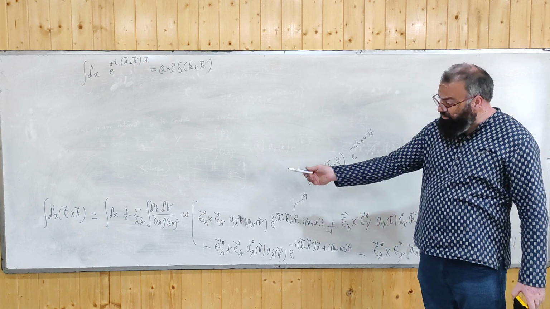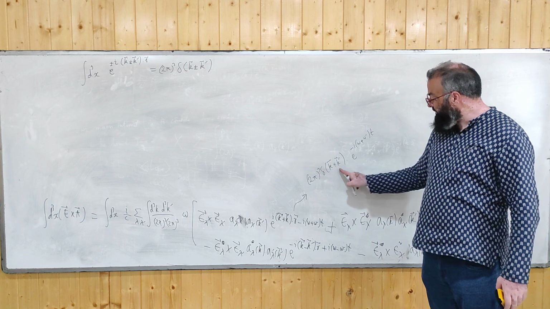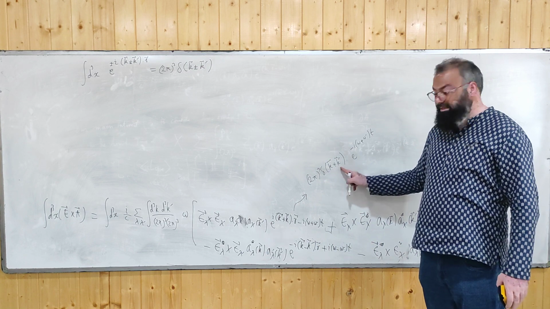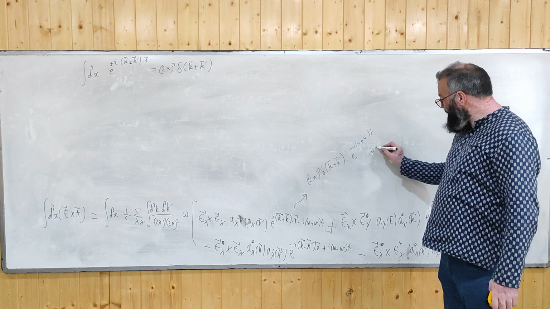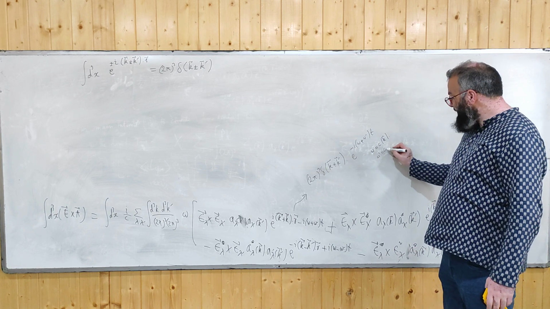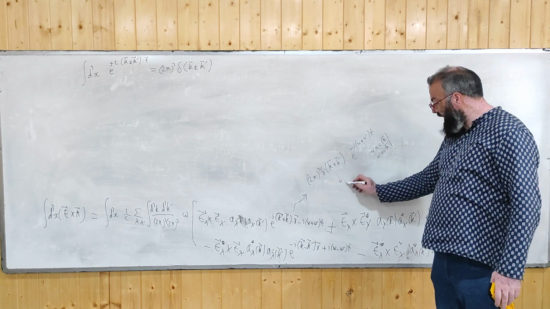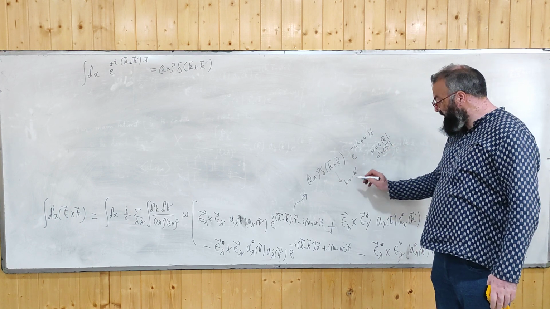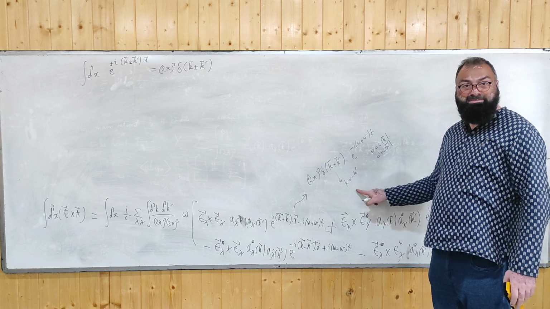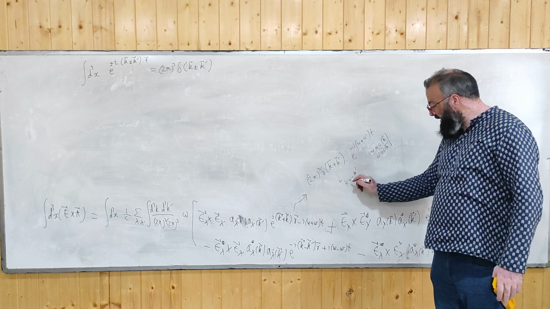Now let's integrate over k prime. What will k prime be? Tell me, what is omega? Omega is equal to c times k. So what is omega prime? That is c times k prime. So if I integrate over k prime, this forces k prime to be equal to minus k.